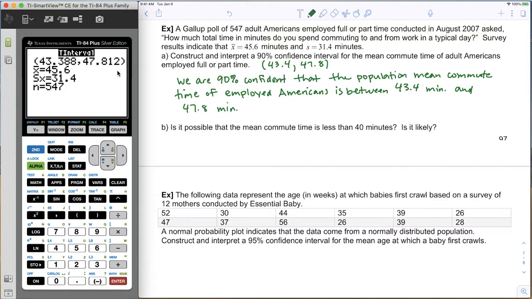So the interpretation will always be like that. Just make sure you name the correct parameter in your interpretation. In this case, it was the mean that we were approximating.